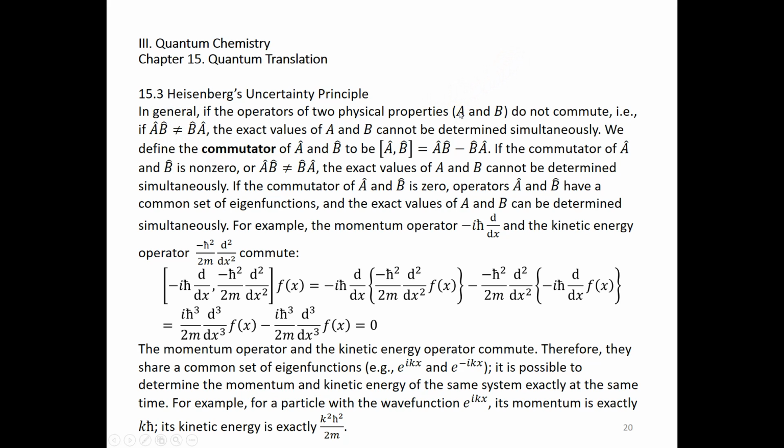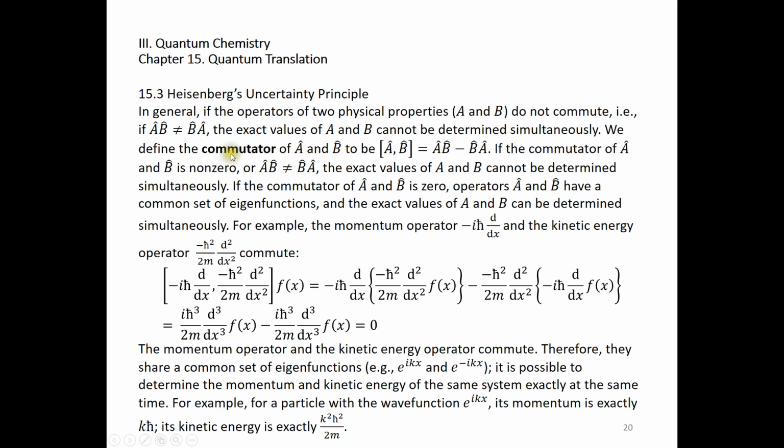For position and momentum, we can prove that their corresponding quantum mechanical operators do not commute, and therefore the exact values of position and momentum cannot be determined simultaneously.